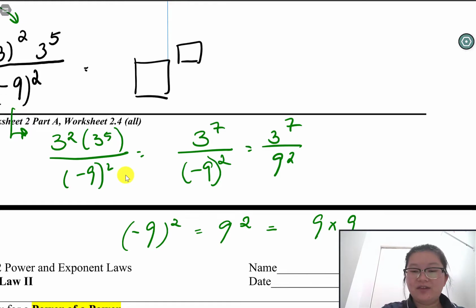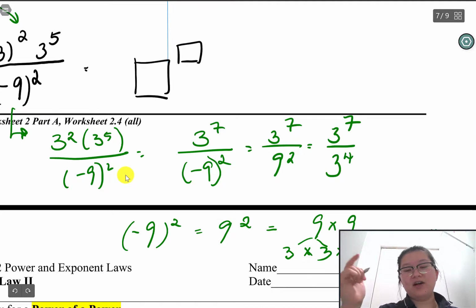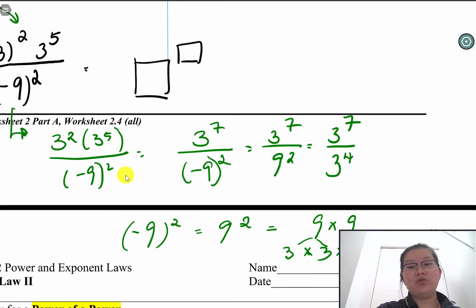So effectively, I could also write this as 3 times 3. And then this 9 over here is going to give me another 3 times 3. So 9 to the power 2 is exactly the same as 3 to the power of 4. So that means I can put it back in here and say this is 3 to the power of 4 instead of 9 to the power of 2.